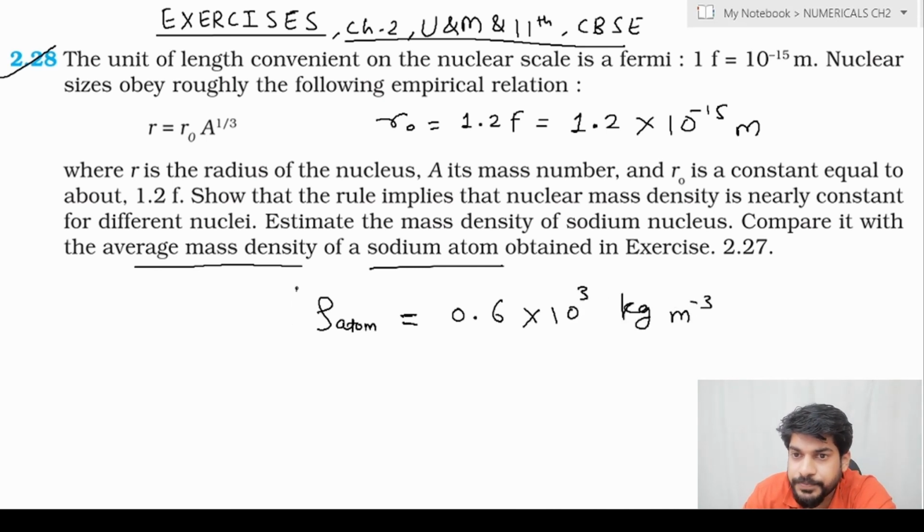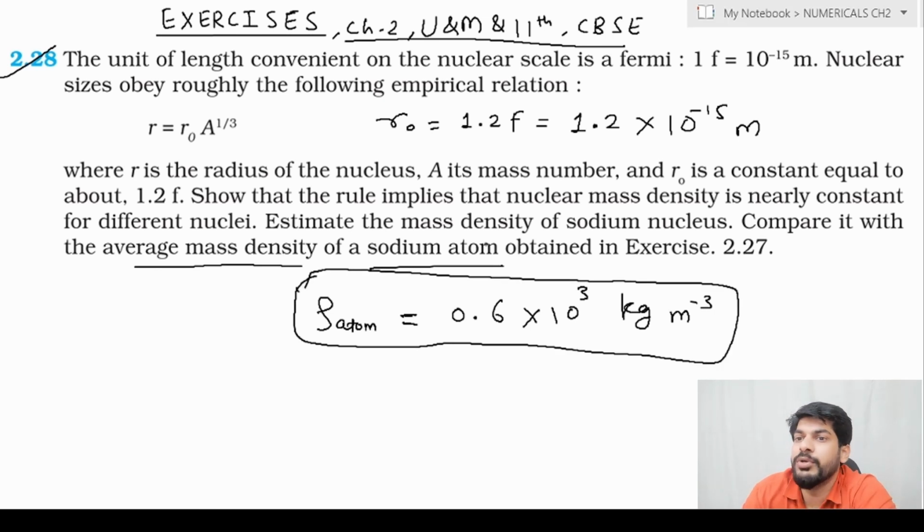So that was the value that we obtained. We have to now compare the mass density of the sodium nucleus with the average mass density of the sodium atom. That is, the density of the atom of sodium and the density of the nucleus of sodium.